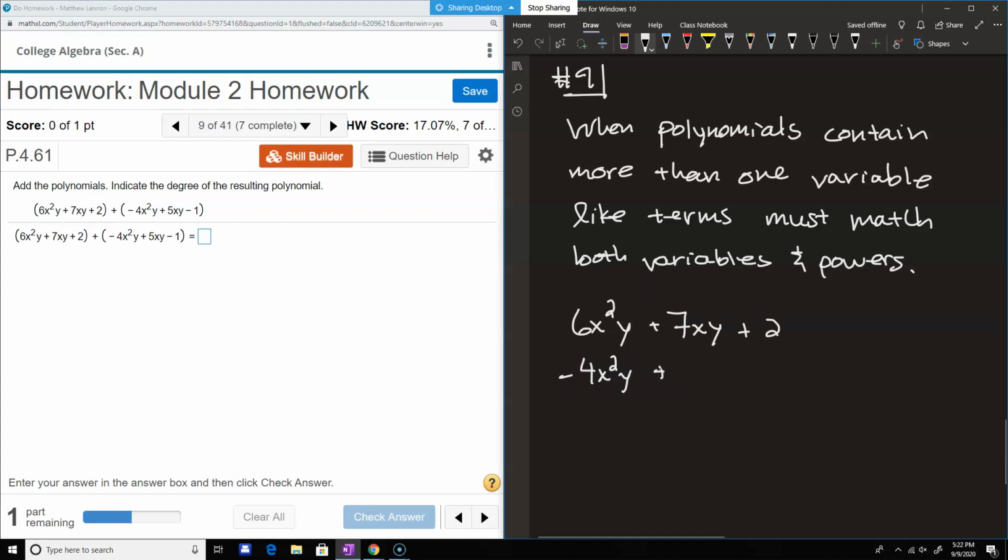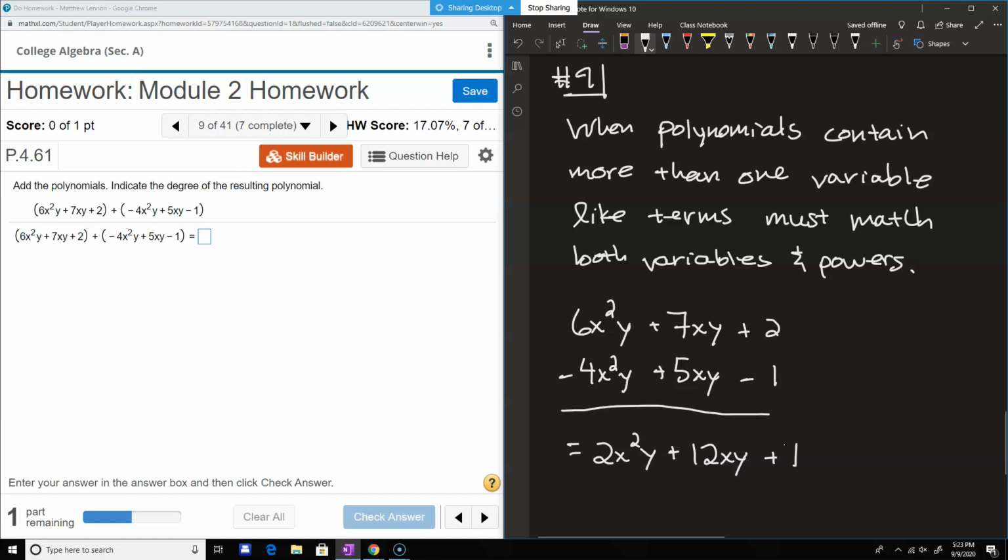And then we have a plus 5xy, and then we have a minus 1. So it works out very nicely here because all three terms match up perfectly with the other three terms in the first polynomial. So we can just add their numbers. So we get 2x squared y plus 12xy, and then a plus 1.